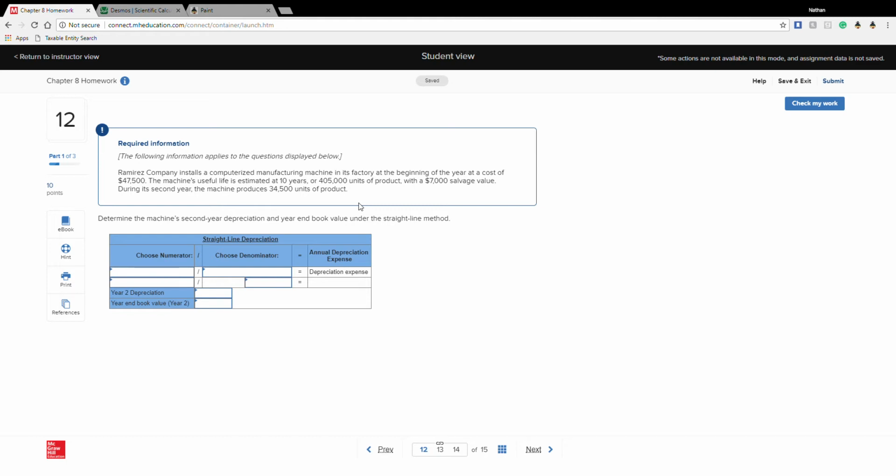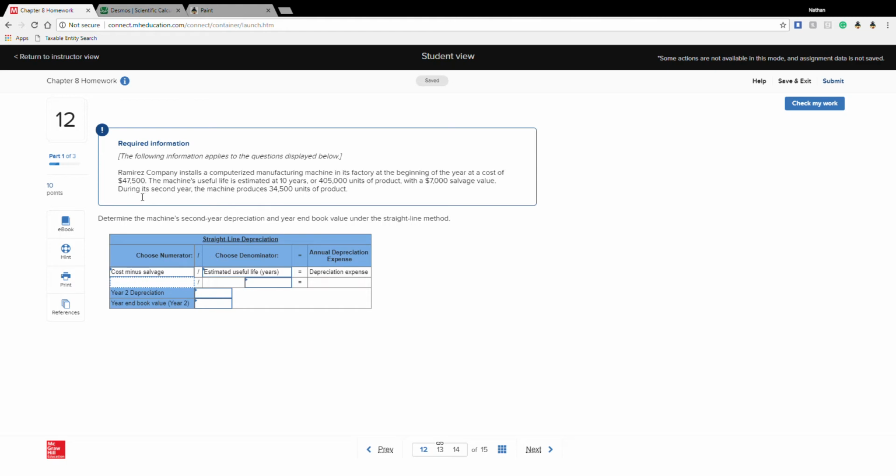So what we need to do is go ahead and start our straight line. Again, it's cost minus salvage divided by the estimated useful life. So we have 47,500. We have a $7,000 salvage value, our residual value.